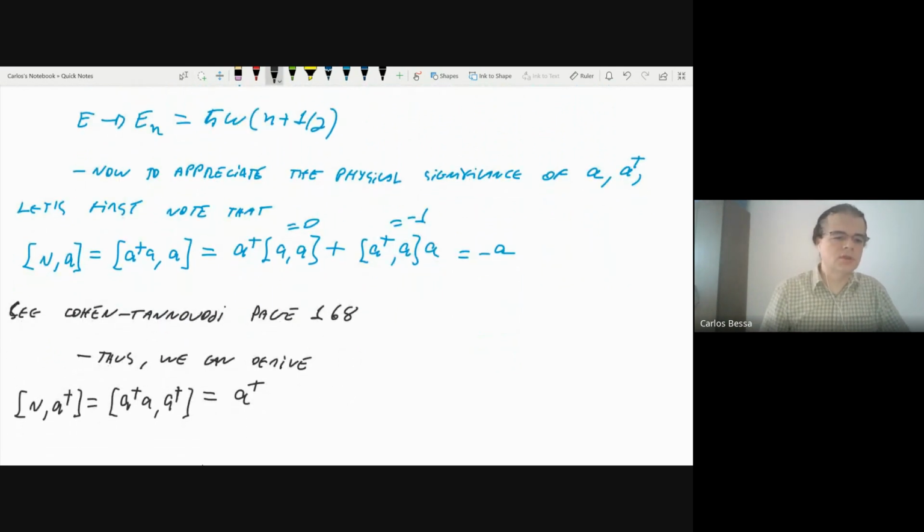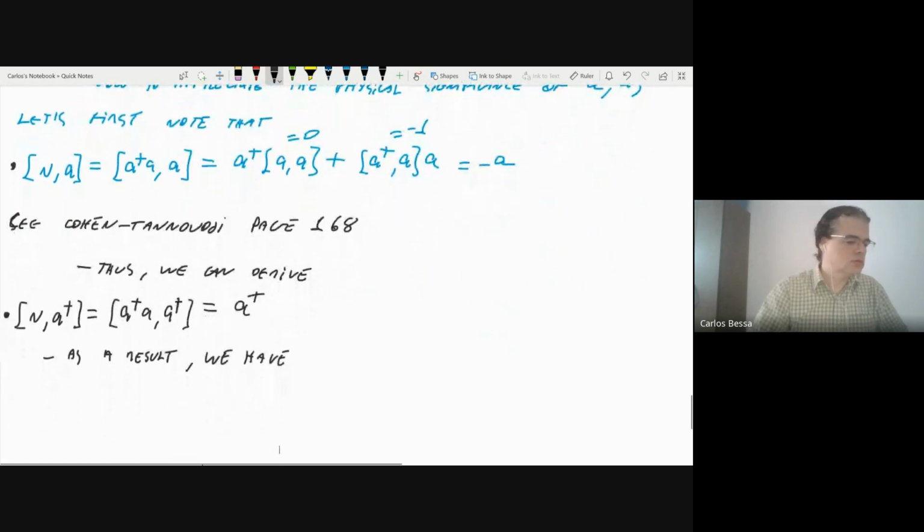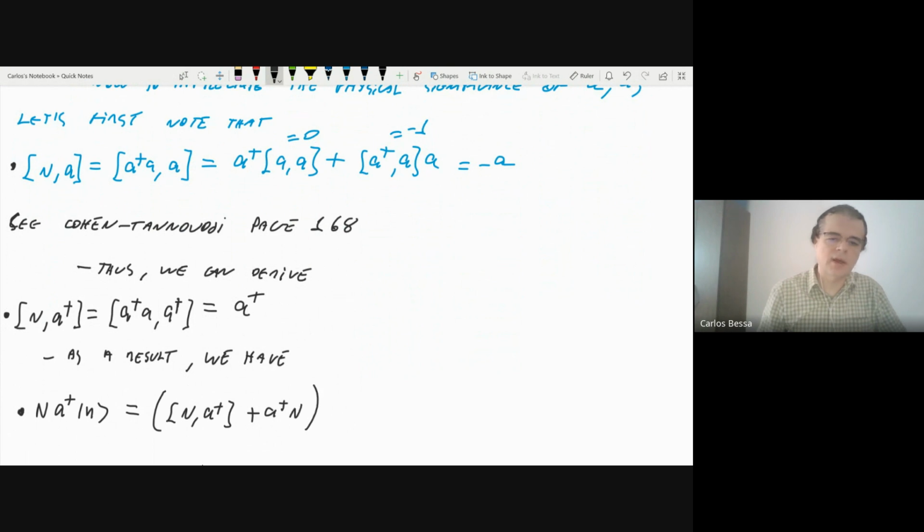So using this and this, as a result, we have N, A dagger N. I can write this, and using these relations we just found, I can write this as the commutator of N with A dagger plus A dagger N applied to n.